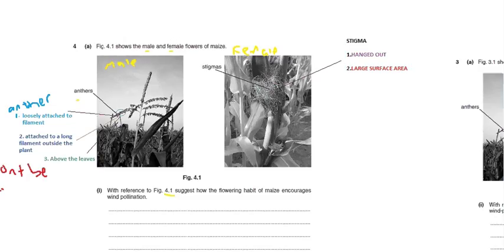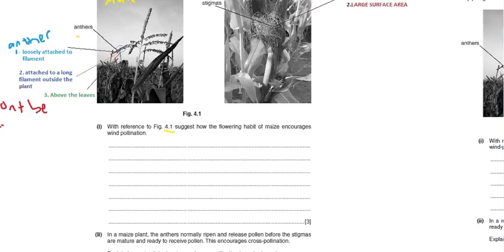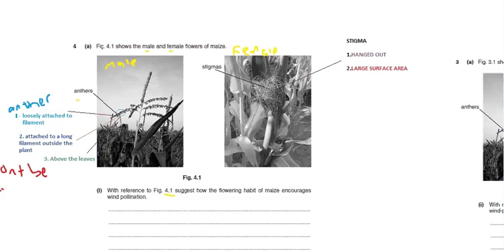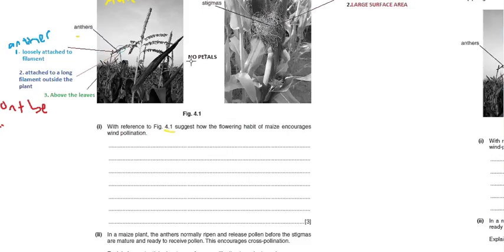And then there is another thing about this whole plant. If you have noticed, both the plants have no petals. This is an adaptation.